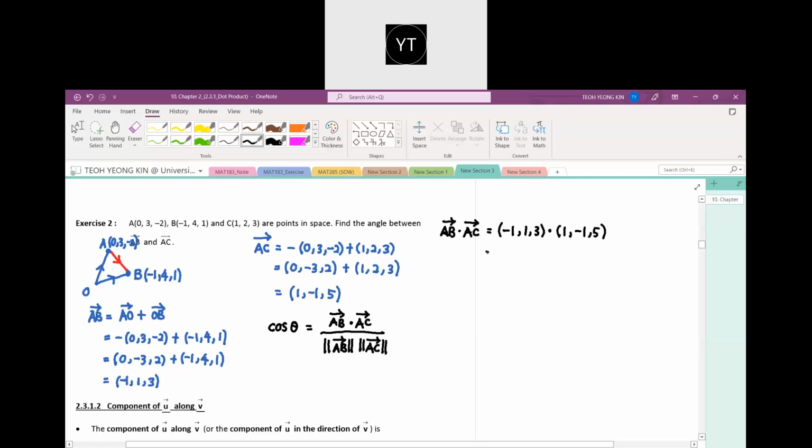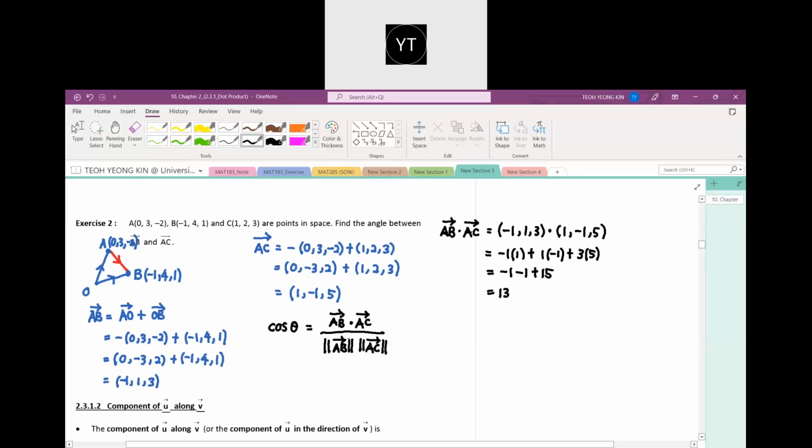So the dot product will be negative 1 times 1, plus 1 times negative 1, and finally plus 3 times 5. So here we have negative 1 minus 1 plus 15, so we should have 13. This is the output of the dot product.